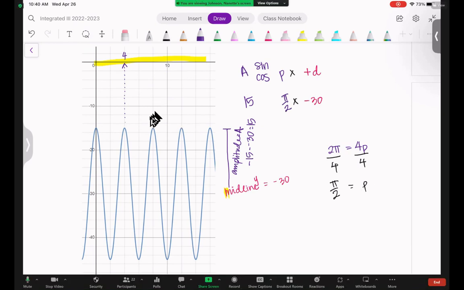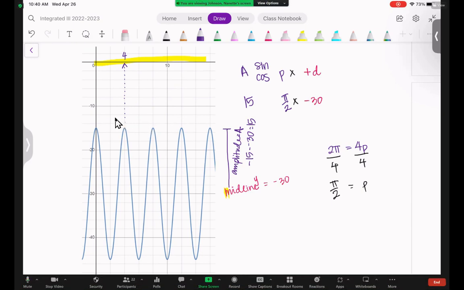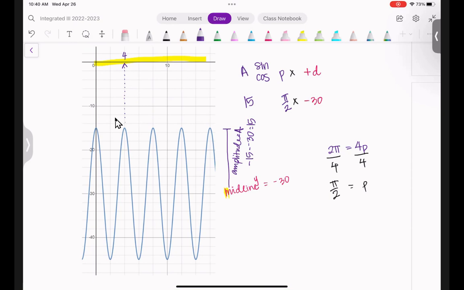Ms. Johnson, I don't see pi over 2 in my picture. That's right, because pi over 2 used to tell you how much of an angle is covered in a second. So if pi over 2 is covered in a second, how long is it going to take me to complete a full circle? How long did it take Carlos to go all the way around the Ferris wheel?